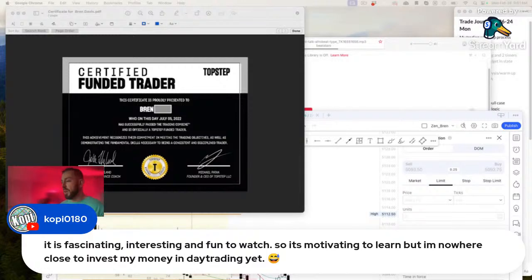I'm not risking all my money, and what's the most you can lose? If it's $50 for an evaluation account to try and get a funded account, that's the most you can lose. Now you can spend money on the resets and stuff like that.